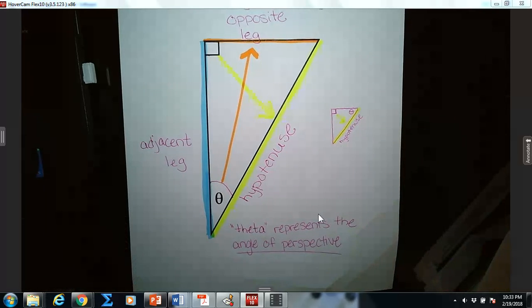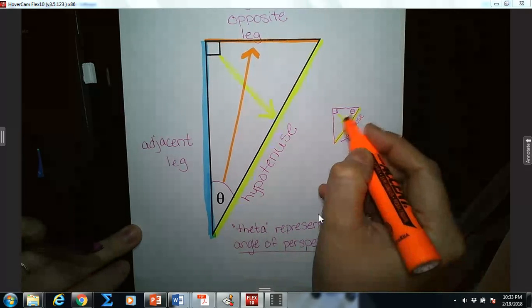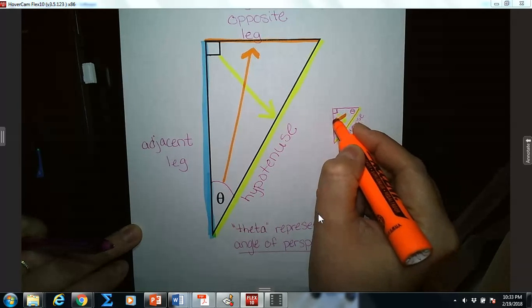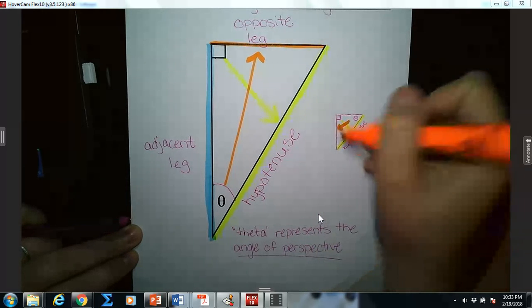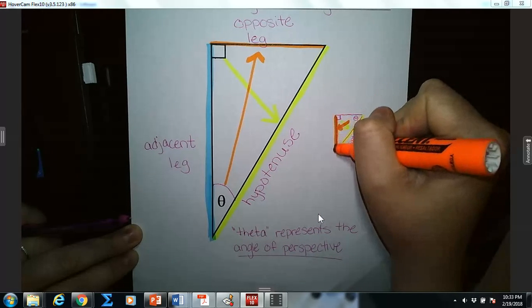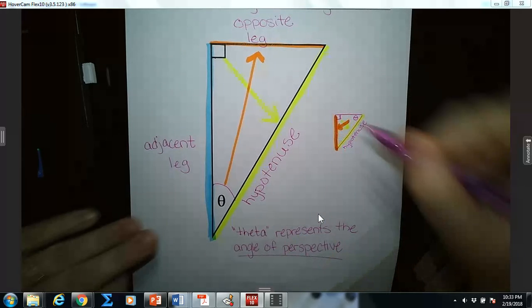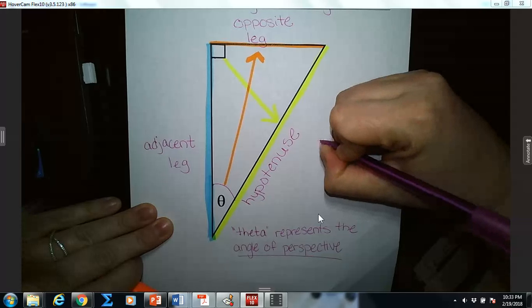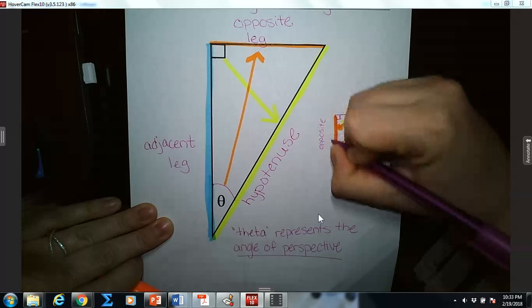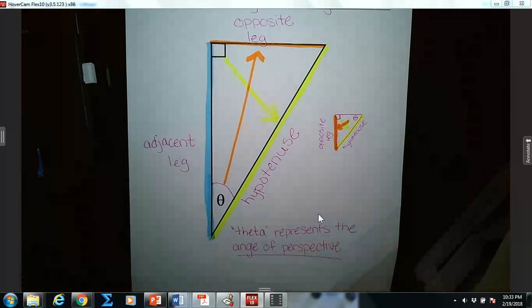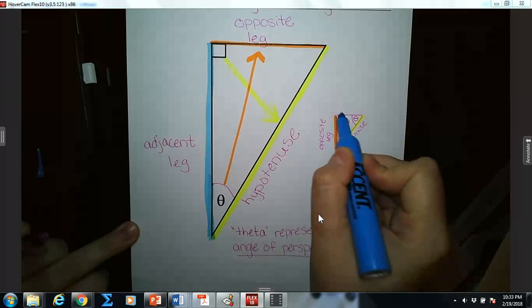But some things have moved. The legs have switched. Remember, we have an opposite leg and an adjacent leg. Opposite means it's across from, or on the opposite side of, the angle of perspective. So now the opposite leg is this vertical piece, and the adjacent leg, which is adjacent to the angle of perspective, is this top horizontal piece.